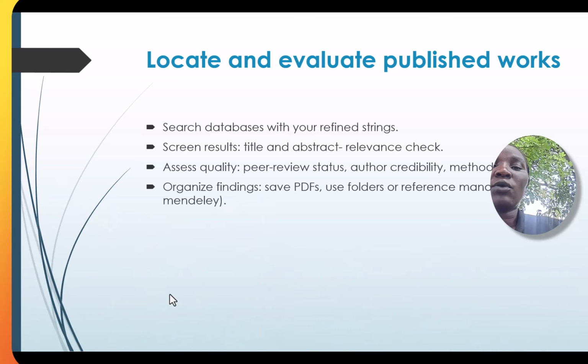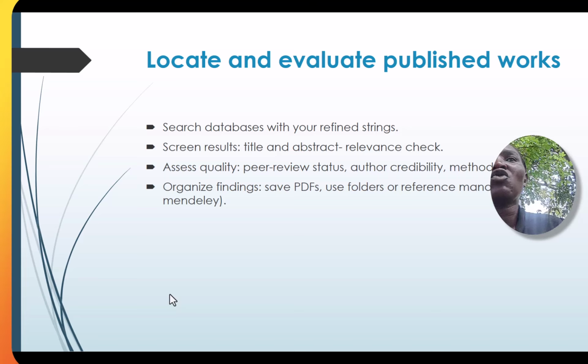And also we need to locate and evaluate published works. So here we need to search databases with your refined strings. We need to look for evidence from the published works, from somebody's research, somebody's already published work. So we need to screen results, title and abstract relevance check. We need to assess quality, this is peer review status, and also author credibility or methodology.